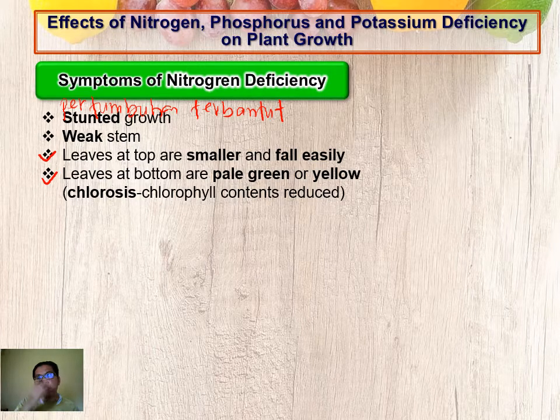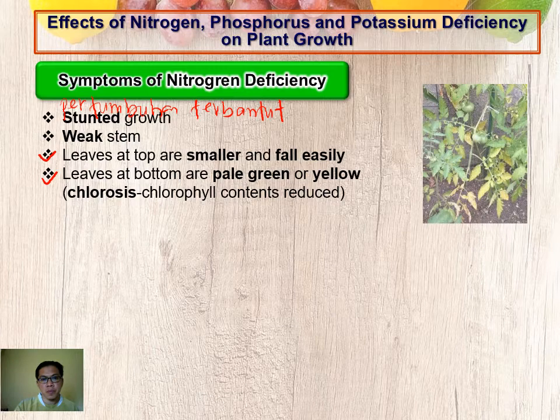Because for every color which is on the leaf, it shows the deficiency for particular macronutrients. Setiap warna yang terhasil pada daun tumbuh-tumbuhan itu menunjukkan kekurangan bagi macronutrients yang tertentu. So for nitrogen, if the bottom leaf is yellowish or chlorosis, it shows that the plant lack of nitrogen.